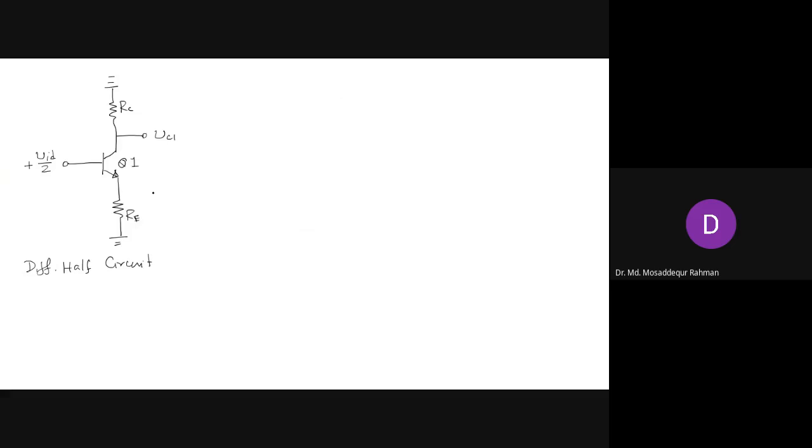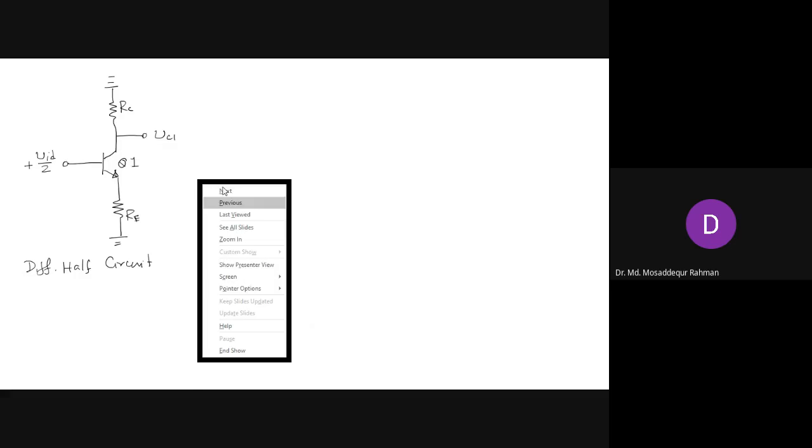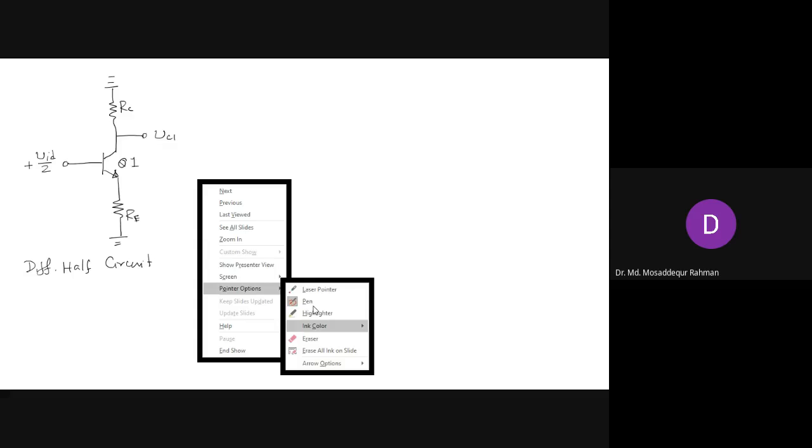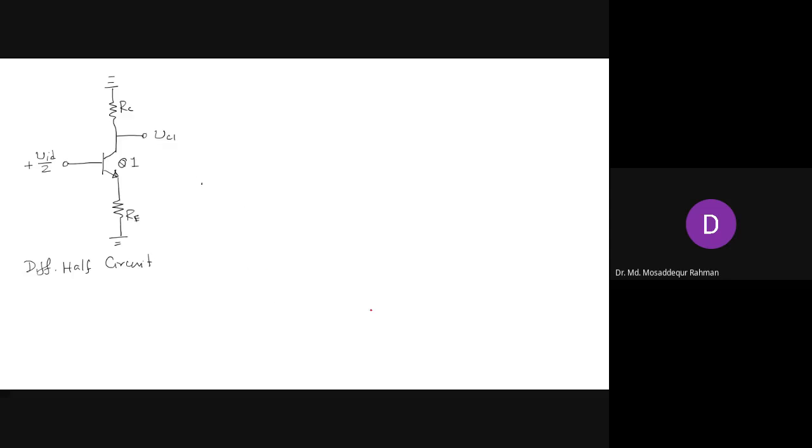One thing students always make mistakes on is this: the voltage at this end is half of VID, and that is between the base point and the ground. That includes this emitter resistance RE. It's not between base and emitter, rather between base and ground, that is half of VID.